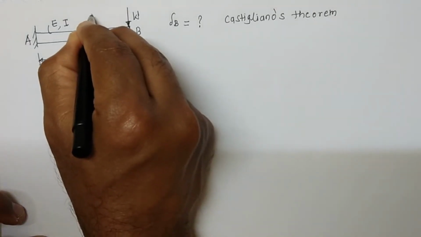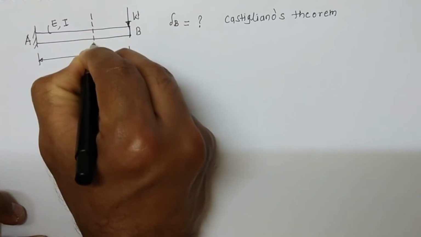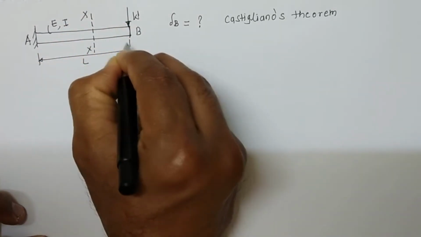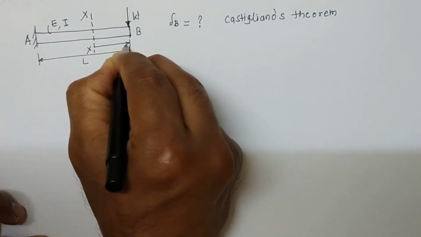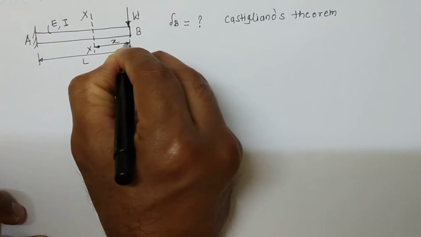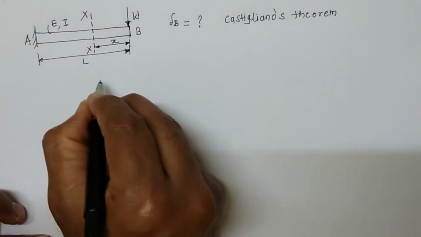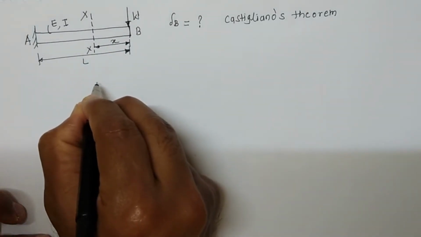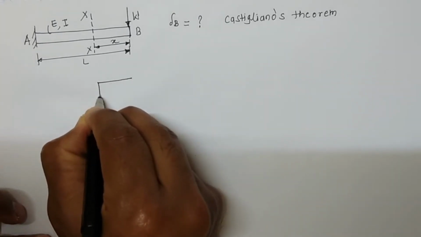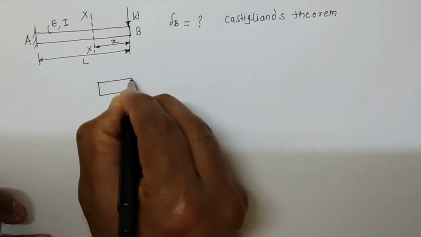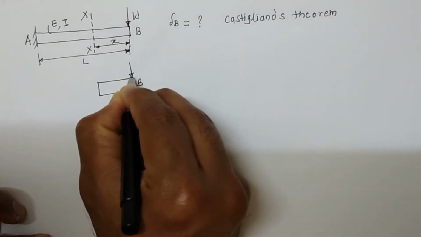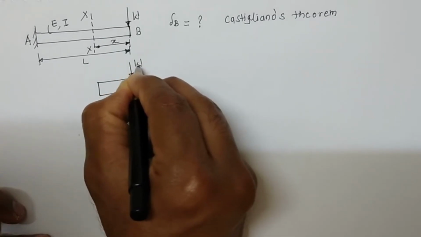I take a section XX at a distance x from the end B. So if I draw the free body diagram of this portion, this is end B, and here the concentrated load W is applied.